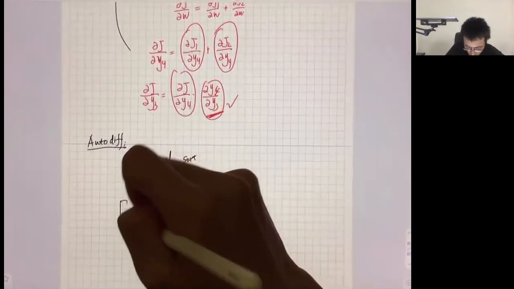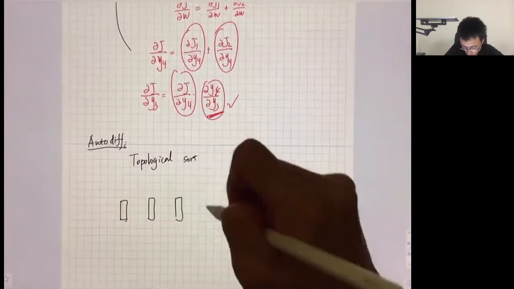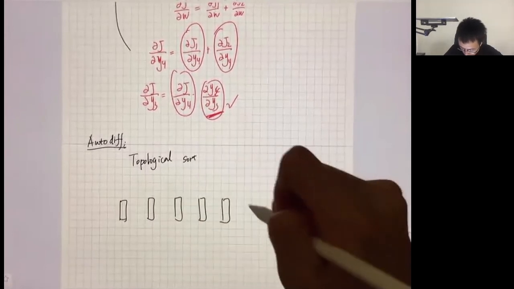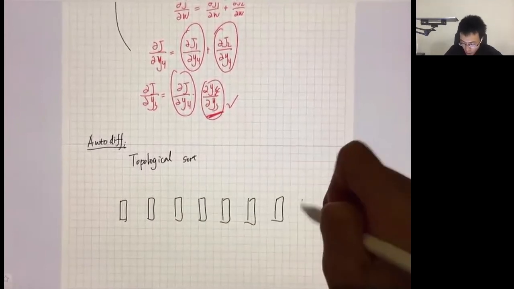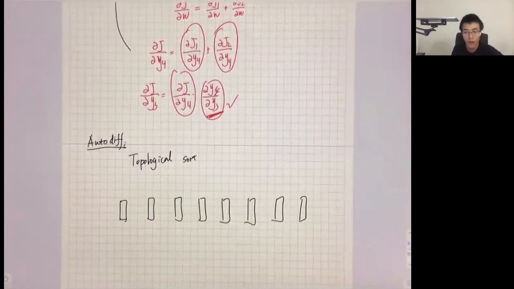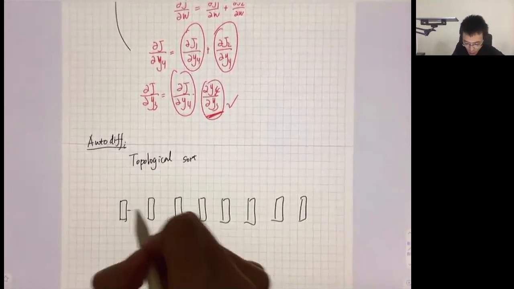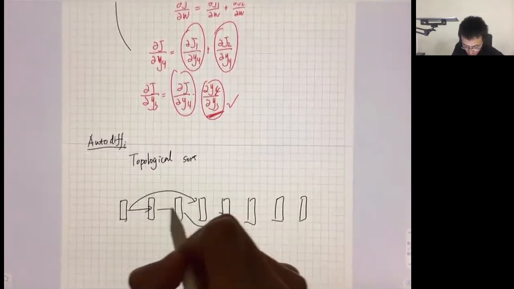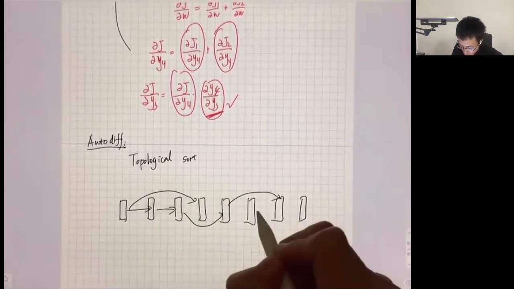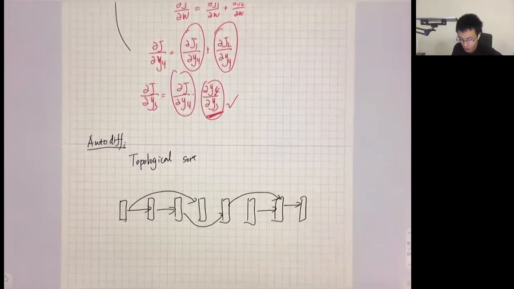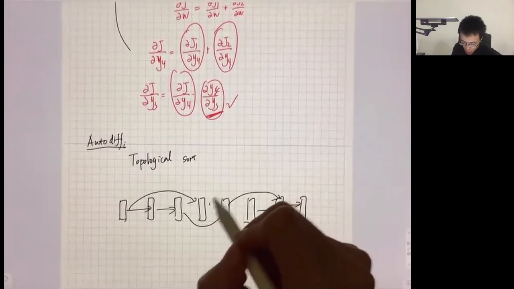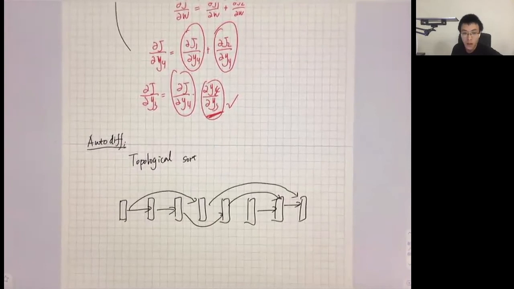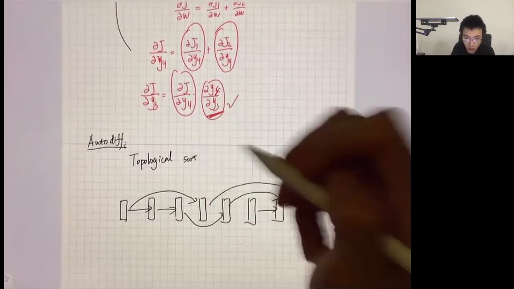So now you have a bunch of variables or a bunch of layers, topologically sorted, and you can have many layers and many connections, as you like. This is known as the computational graph.